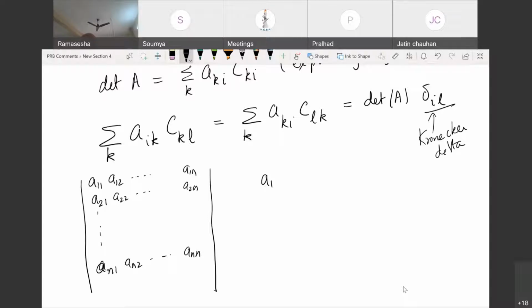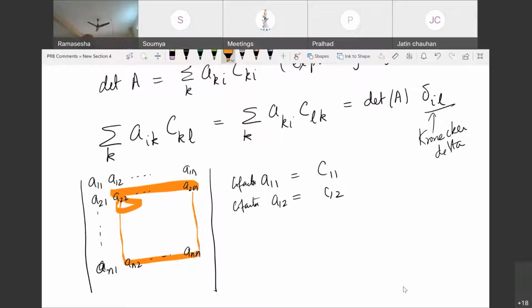The cofactor of A11 is C11, which is the determinant with rows A22 to A2n through AN2 to ANN. Similarly, the cofactor of A12 is C12, the determinant with rows A21, A23 to A2n through AN1, AN3 to ANN.